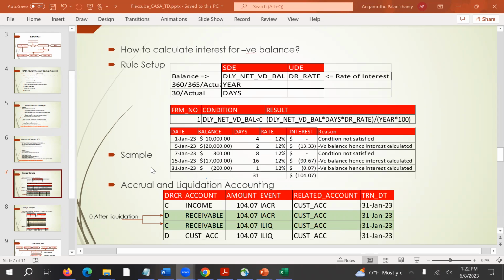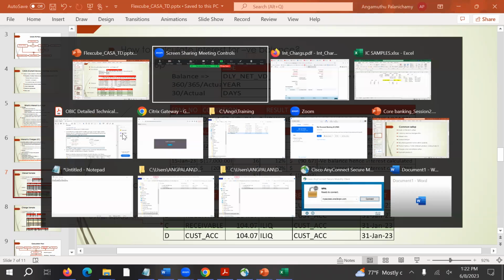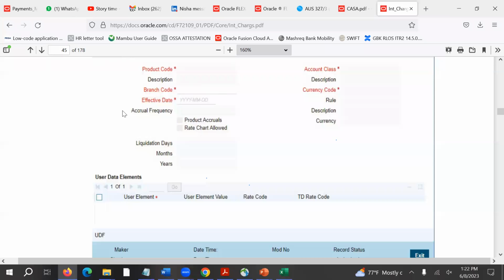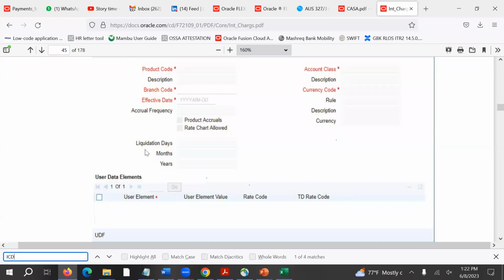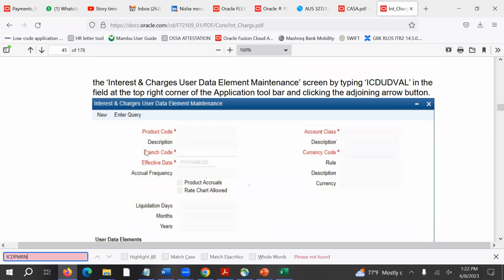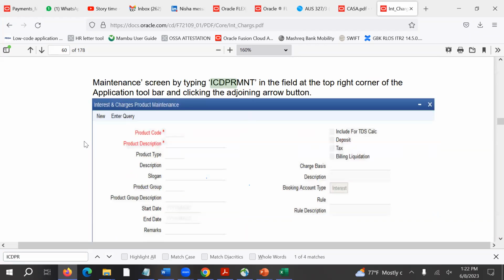In the sample, everything is fine. So interest product, do you have anything you require? So remaining all this is fine. And ICD, PRMLT. So only the 10 minutes.